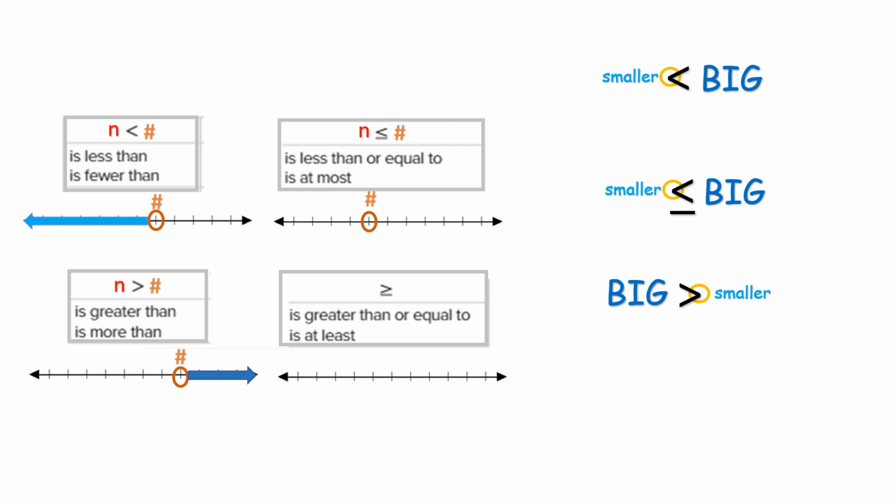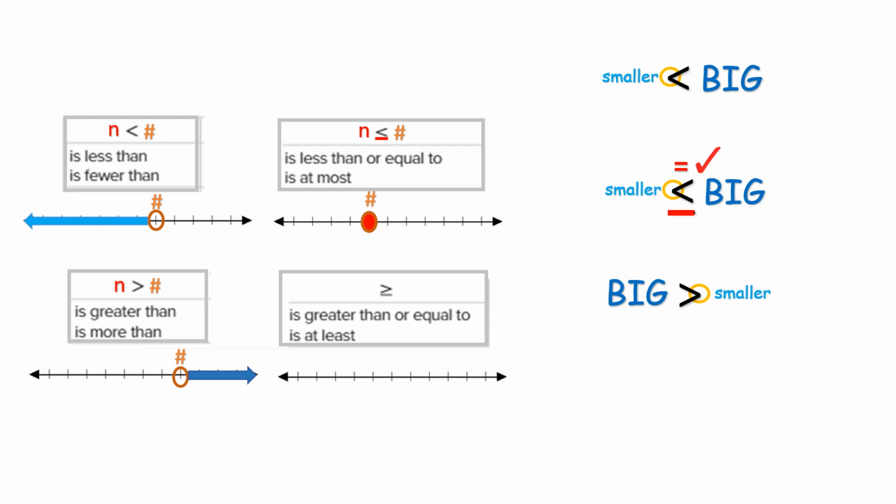Now I have to ask, can it be equal to that number? Well, since my greater than or less than sign is underlined, it could be equal to. The way we indicate that it could be equal to is we fill in the circle. So that underline simply means that it could be equal to. So now we fill in the circle where the first number is.